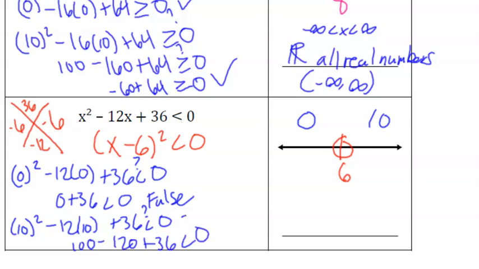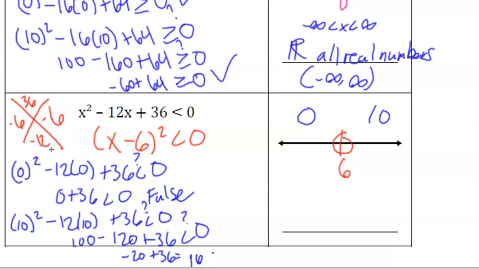Is that less than 0? 16 is not less than 0, so we don't shade that in either. So we put no solution. It's no solution because even the critical point 6 is not included because there's no line under this.